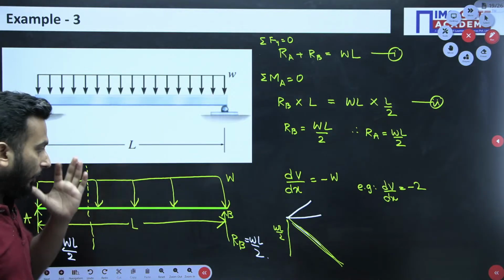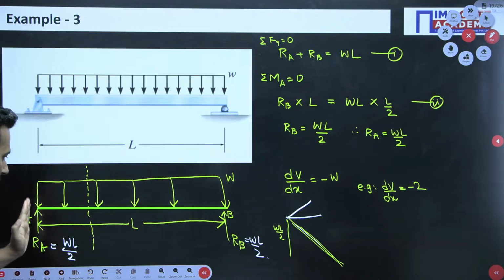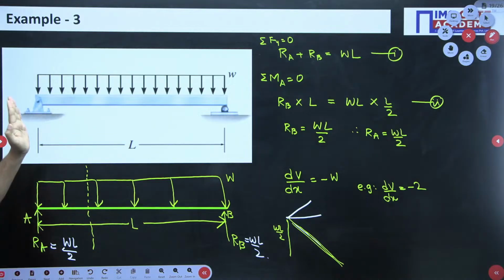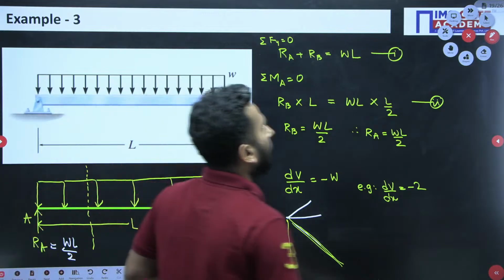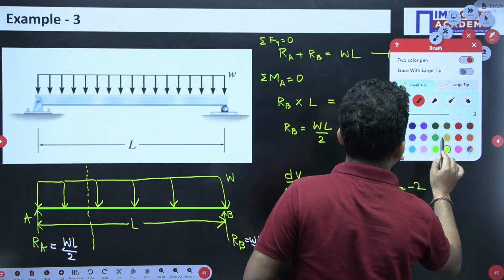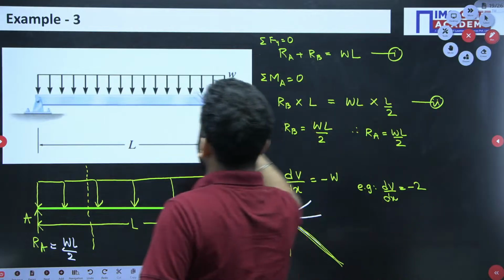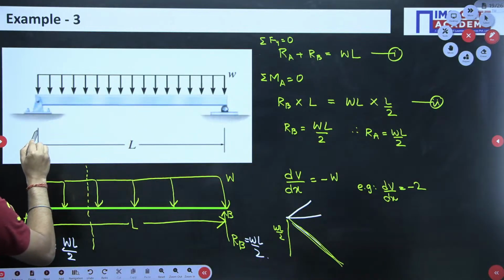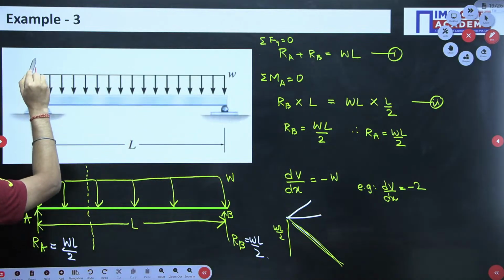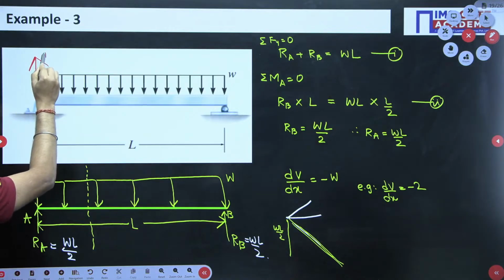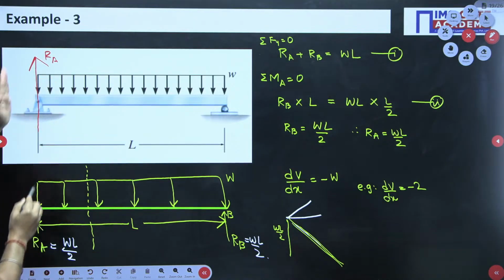Think about this very carefully. If you start drawing, this is RA, which is acting in the upward direction. This is RA. Now it is having some value.